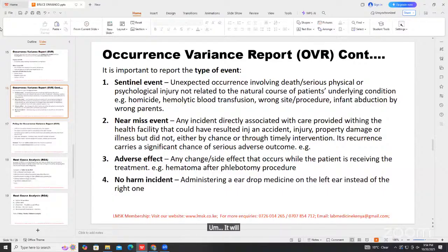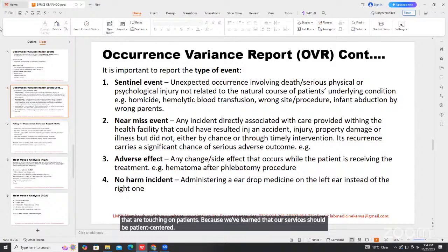It will be so unfortunate if they are stubborn on areas that are touching on patients, because we've learned that our services should be patient-centered, and we should be able to provide quality care in a very safe way.